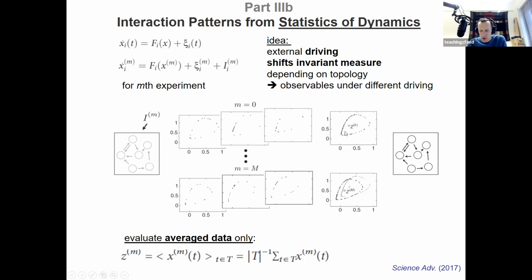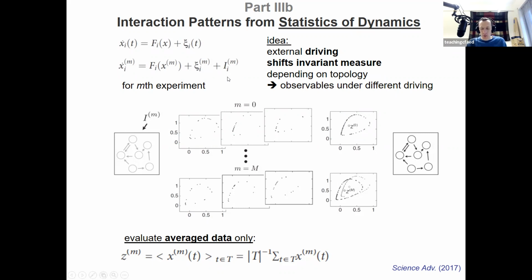And then you average. For example, one averaging method is just finding the center of mass of all the points. If you do that, you end up with some center of mass, and then the center of mass moves if you drive the system. The simplest driving signal is driving the entire system with a constant vector, adding it to the right-hand side.